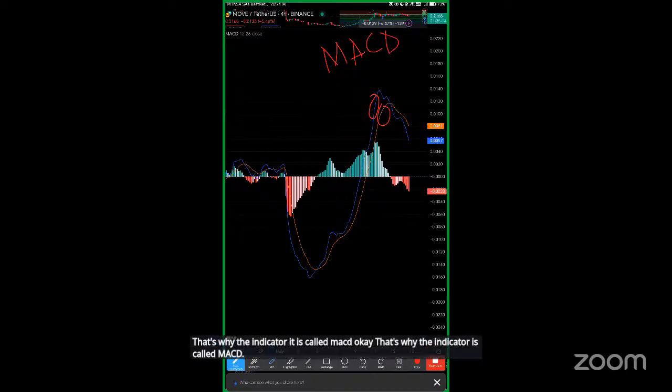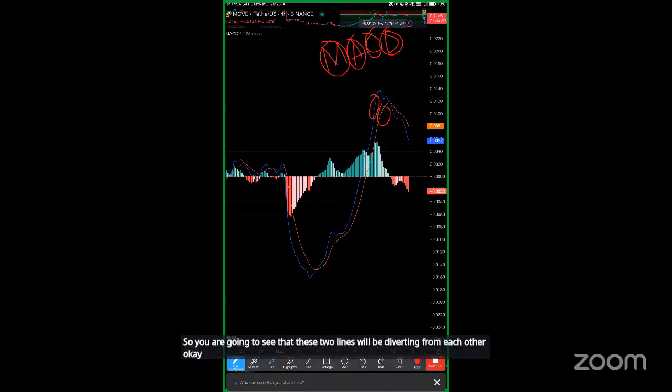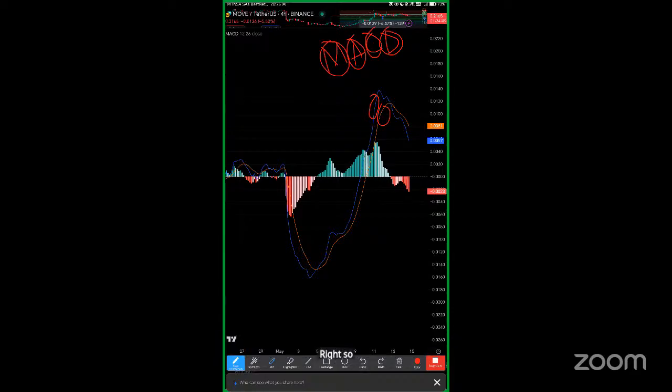So there is moving average, convergence, divergence. Somewhere along the line, they will also come close to each other, right? So they are two moving averages. One is a 12, one is a 26.